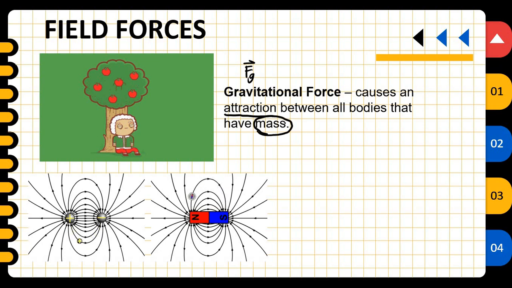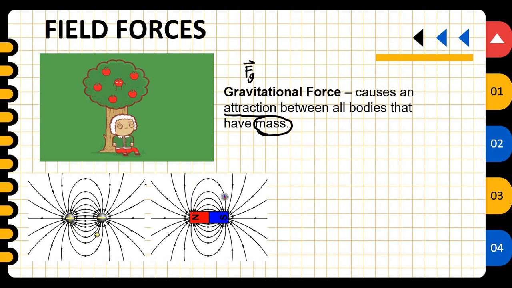That's why there is a gravitational force acting between the sun and the planets. Alright, there is no direct interaction between them, but because they have masses, there is a gravitational force existing between them.